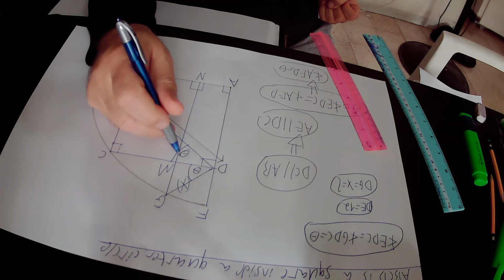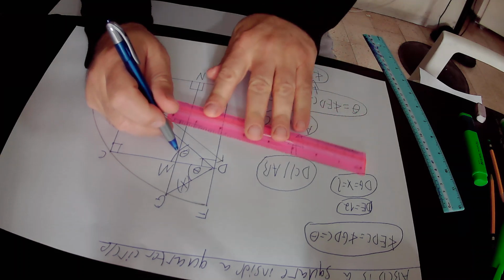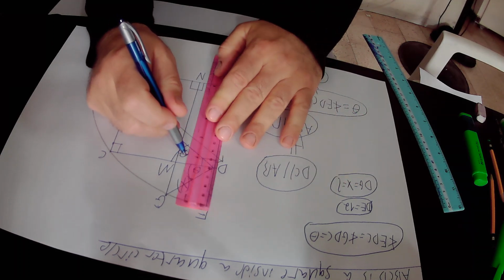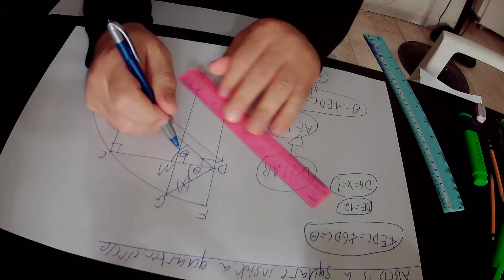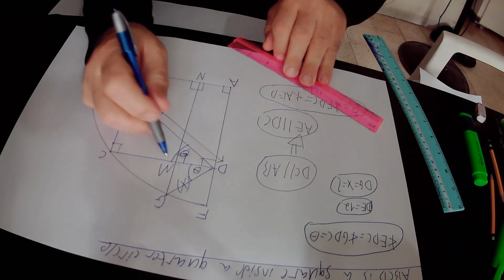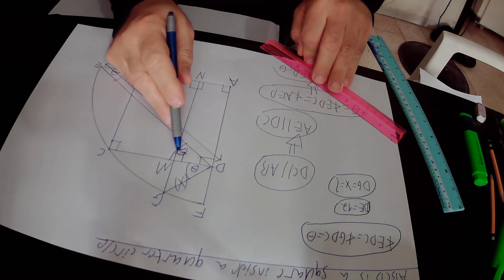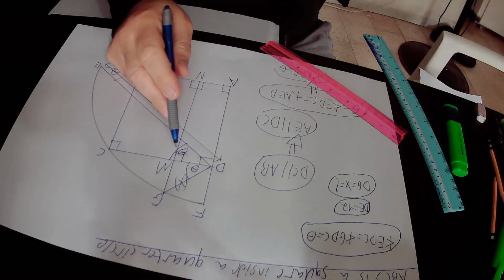Therefore this fourth missing angle must be equal to 90 degrees.